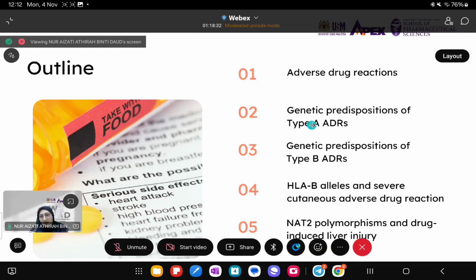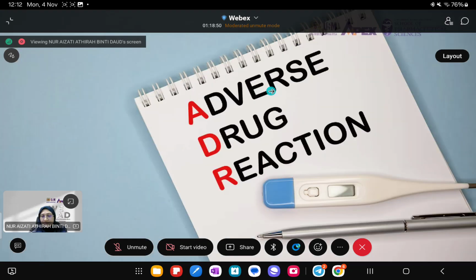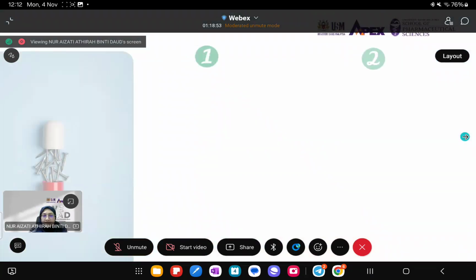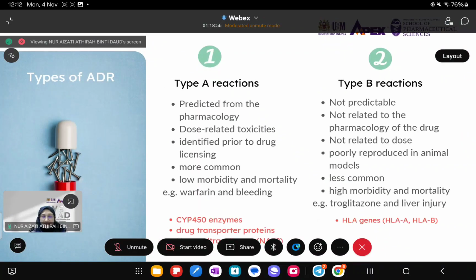So if you recap back your ADR, we have two types of ADR, type A and type B. Okay, you tengok balik you punya lecture pharmacology dulu, you ada belajar ke tak? Okay, type A ADR is predicted from the pharmacology. Maksudnya from the pharmacology punya mechanism of action, you know already this drug is going to cause certain side effect.